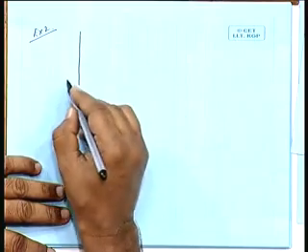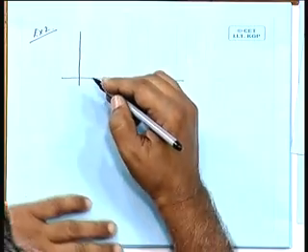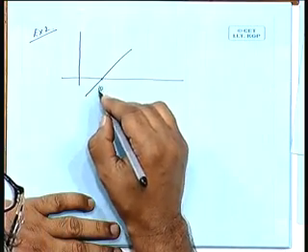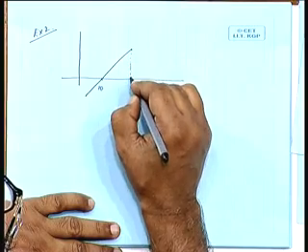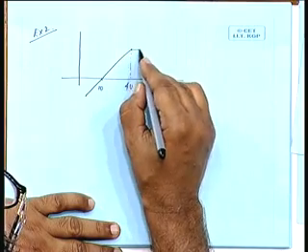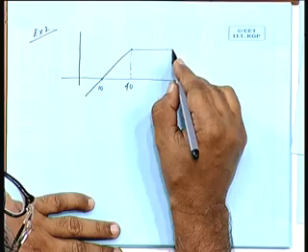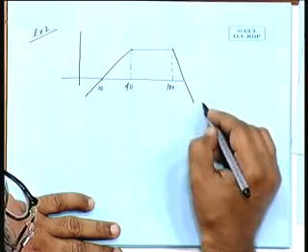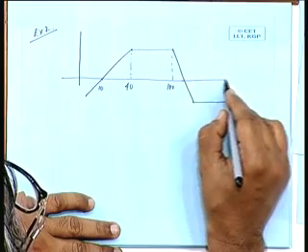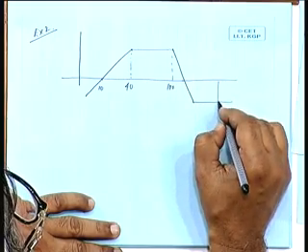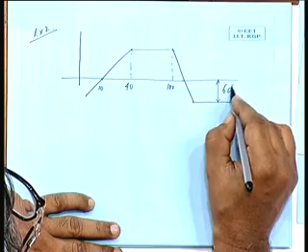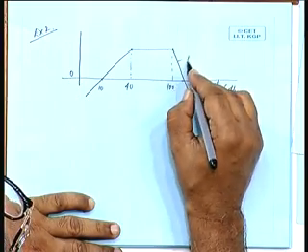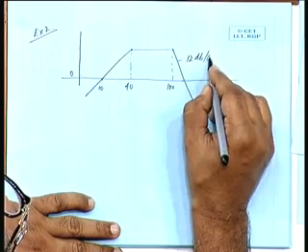There is another problem. This is at 10, this is at 40, this is at 100, this is 6 dB minus, this is 0 dB line, and this is minus 12 dB per octave.